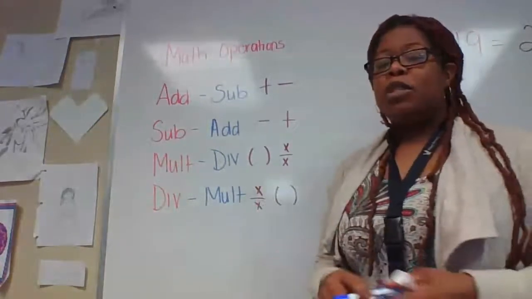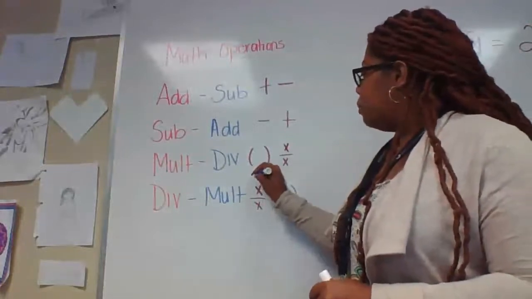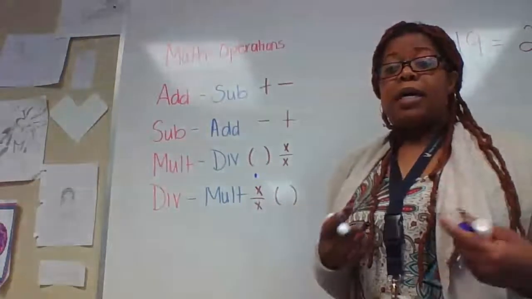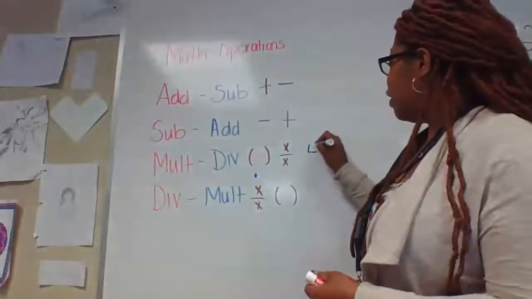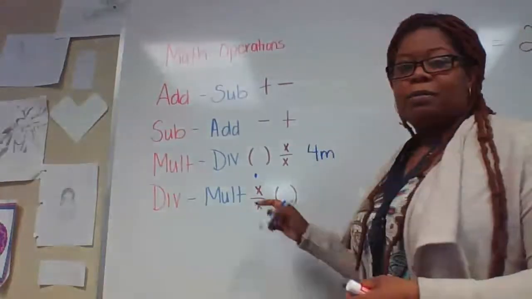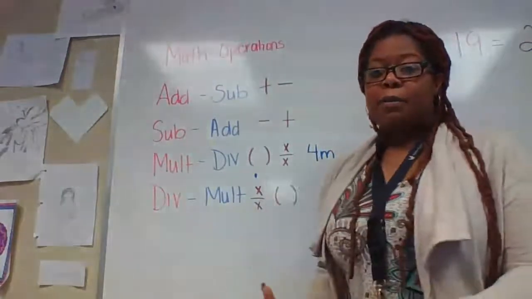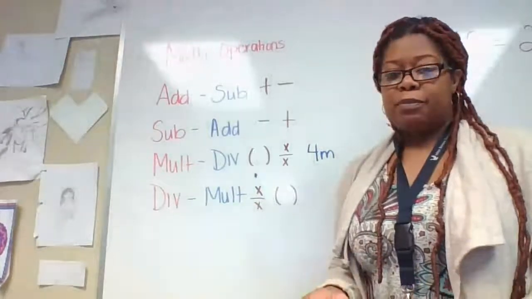We may use a dot as well, or you may see a number and a variable next to each other. So something like 4m simply means 4 times m. If you see a number and a variable next to each other, that signifies multiplication.